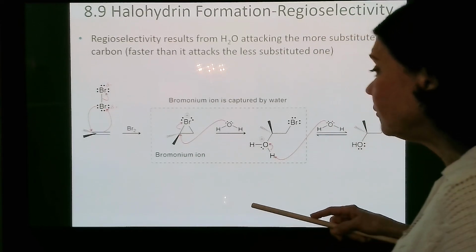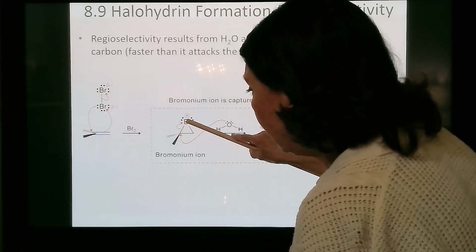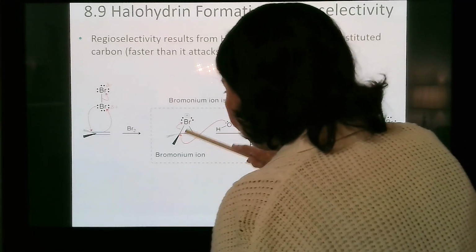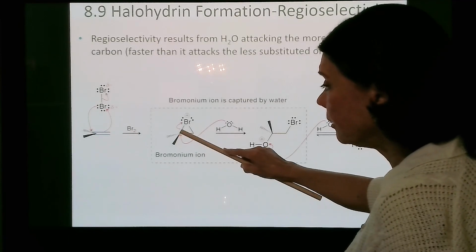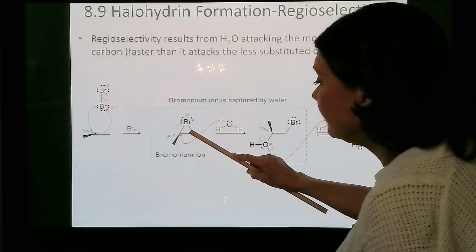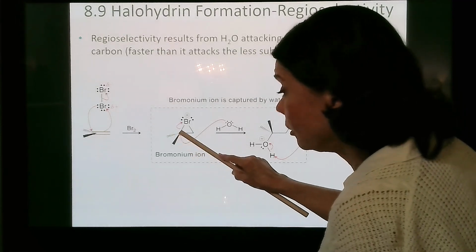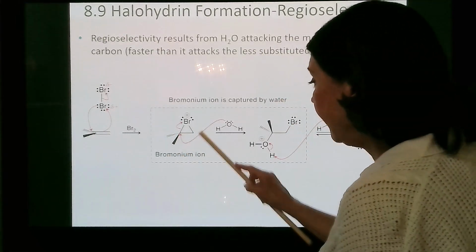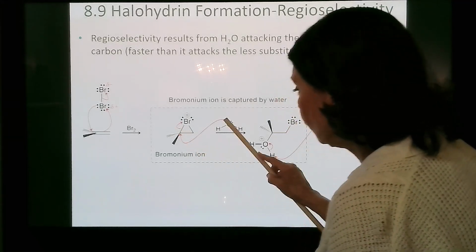When you have the positive charge on the bromine up here, this is pulling electron density off of both carbons over here. You've got electron withdrawal. And so you're going to have more electron density pulled off of this carbon that is a tertiary carbon than over here. So you've got more positive charge in this region.